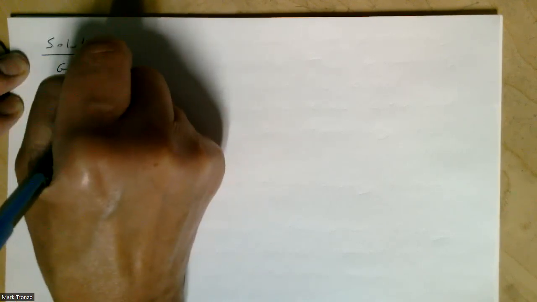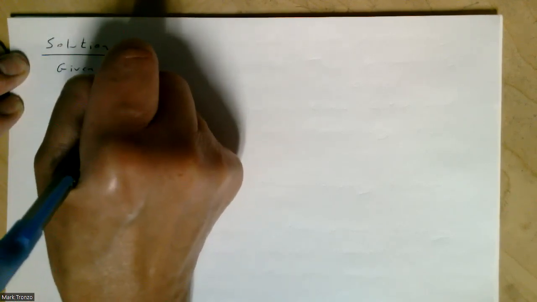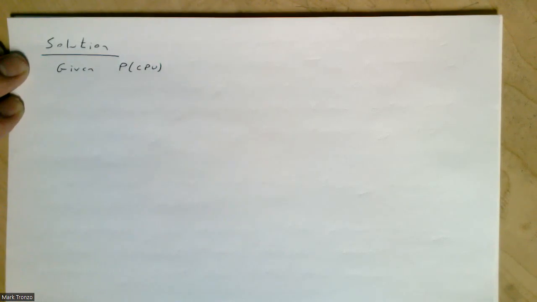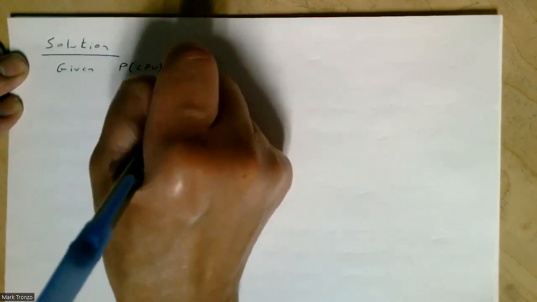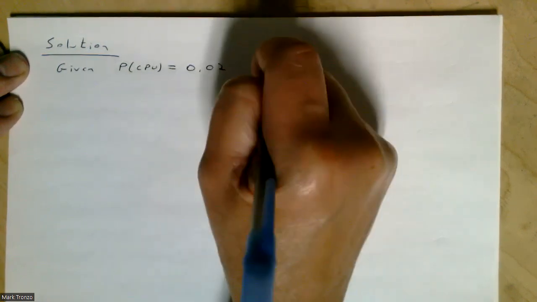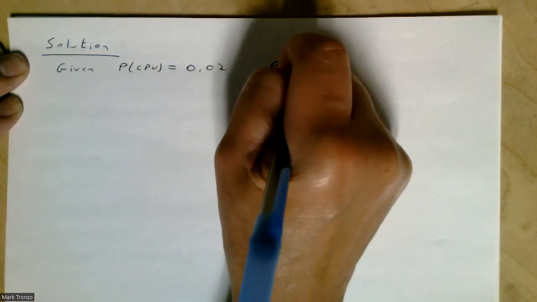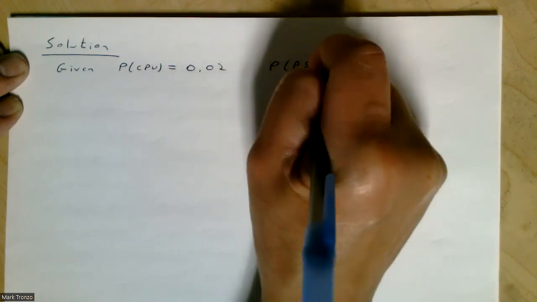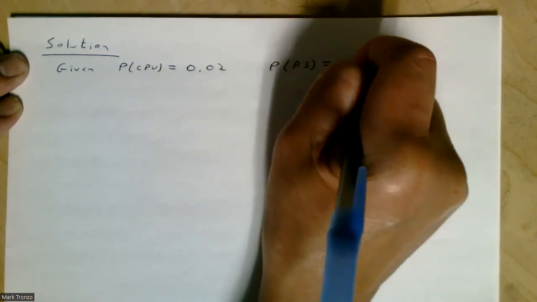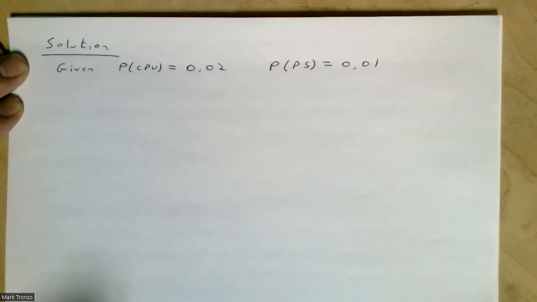So, solution. Remember, we're given that the probability of the CPU failure is 0.02. The probability of power supply failure, let me call that PS, is 0.01.